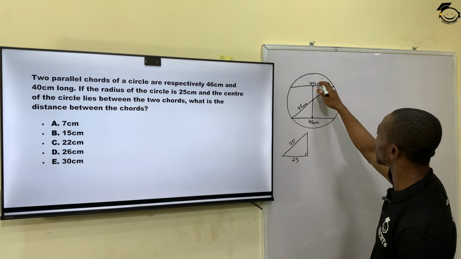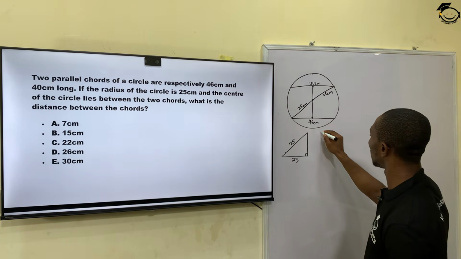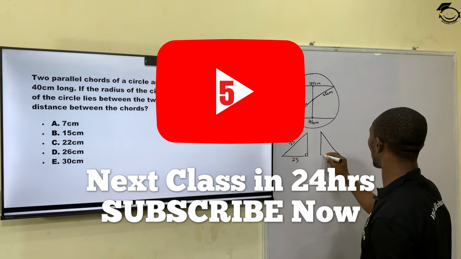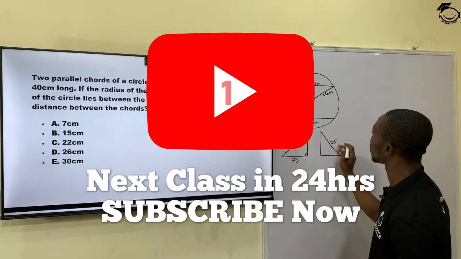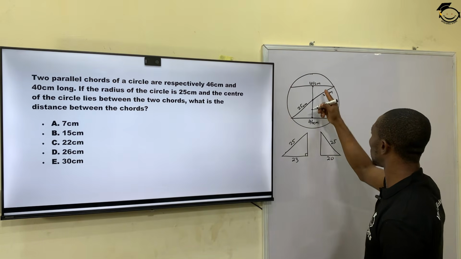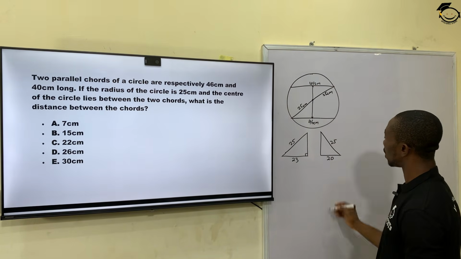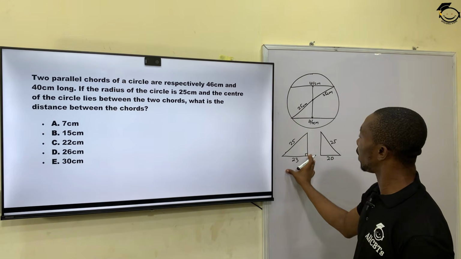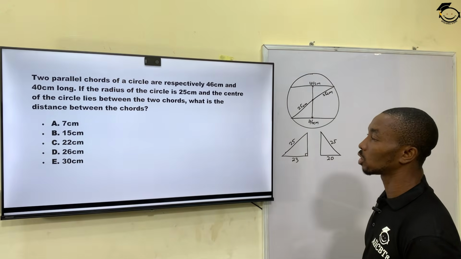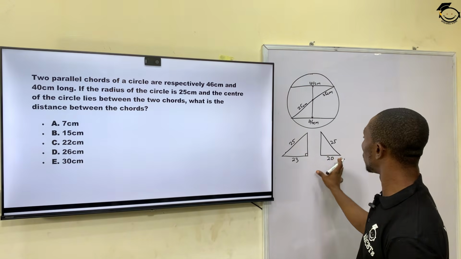Now, for the upper side, we have a right angle triangle also, 25 being our hypotenuse, and 40 divided by 2 being opposite or adjacent.